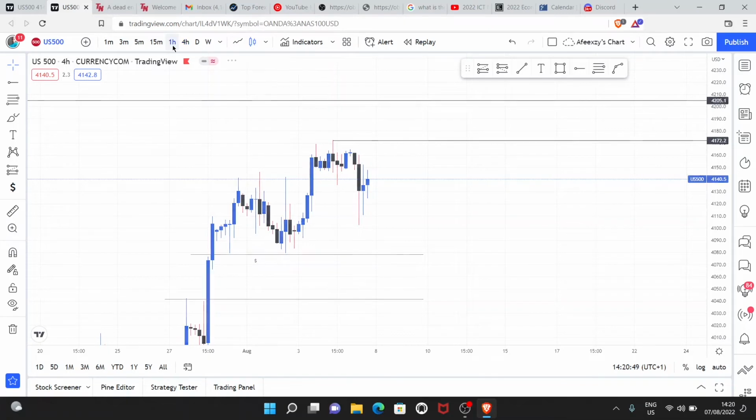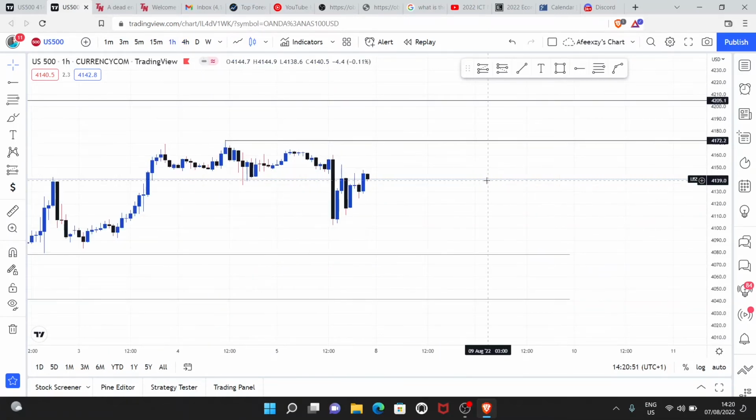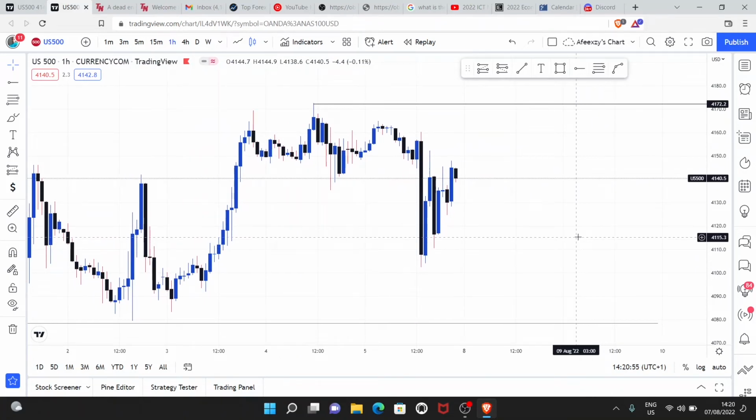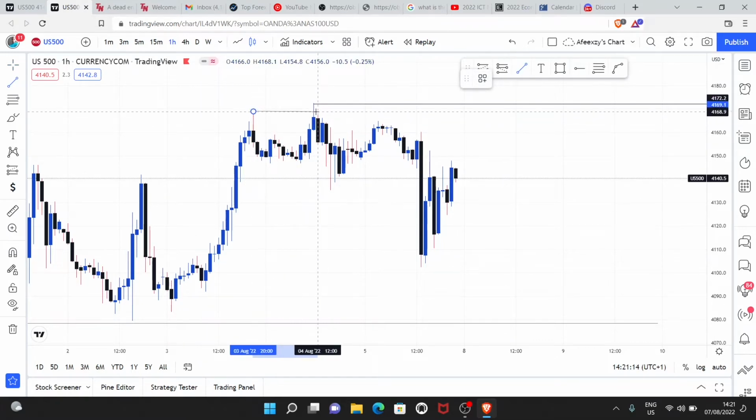Going down to our 1-hour time frame, you can see that we are looking very bearish on 1 hour, because we cleared out this liquidity zone here and we made a change in structure.